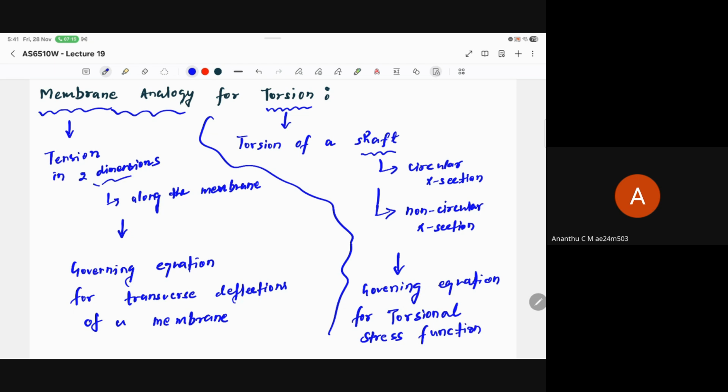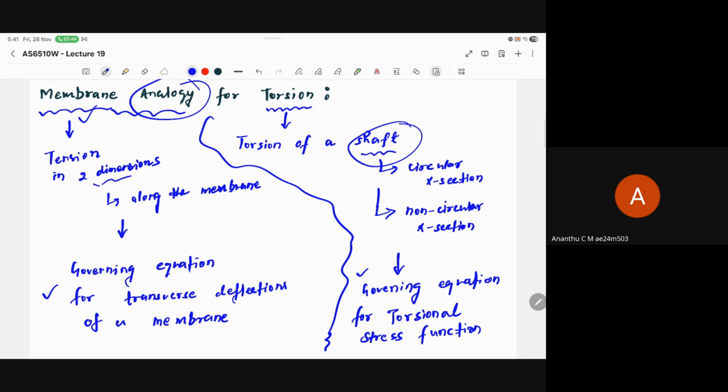Okay, so when you have these governing equations, what you see is that the governing equation for the membrane and the governing equation for the torsional stress function are actually the same. They are similar, and because they are similar, you can make use of this analogy between transverse deflection of the membrane and torsional stress function for a shaft.